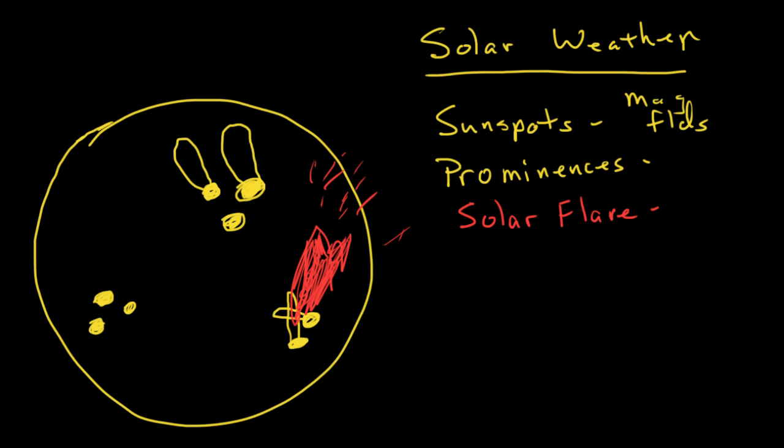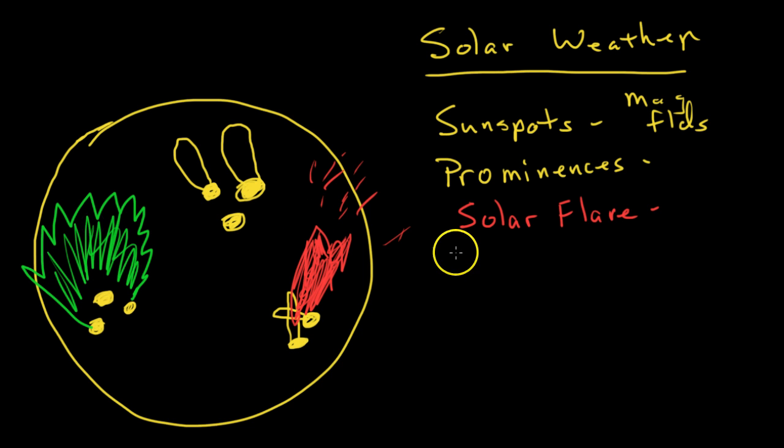And then one more, and I'll give it a green color even though it's the sun. Also associated, they believe, with solar flares, but they haven't really made a definite connection, is something called a coronal mass ejection, which is just an unbelievably huge explosion. Coronal mass ejections are simply abbreviated CMEs.